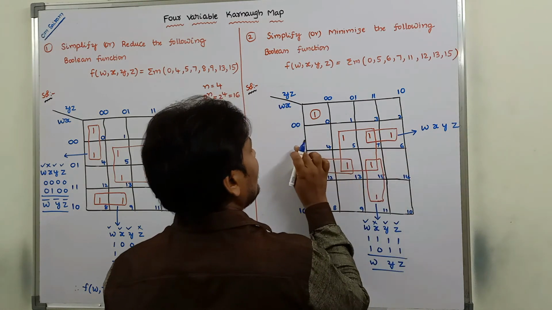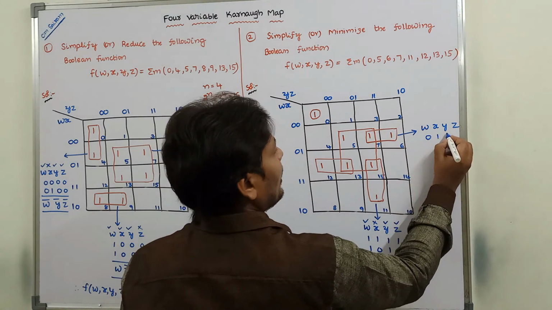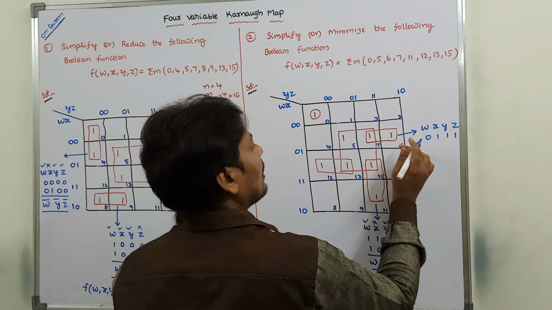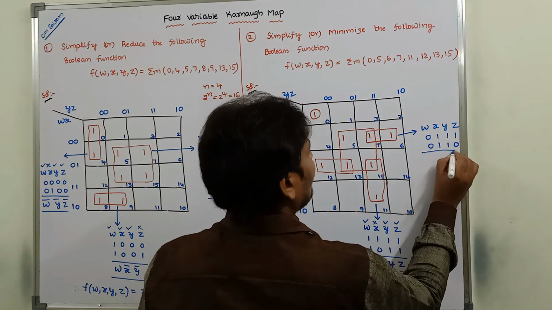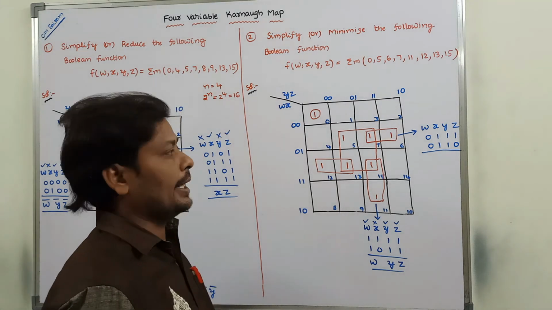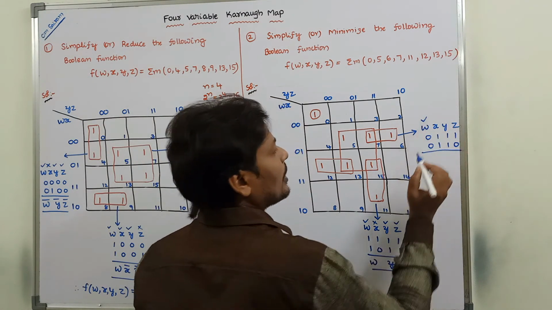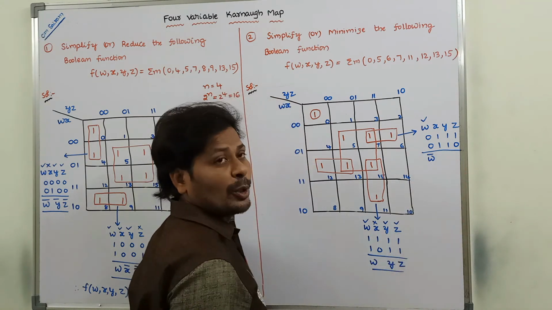For this one, row wise 0 1, column wise 1 1, so 0 1 1 1. For this one, row wise 0 1, column wise 1 0, so 0 1 1 0. What is the expression? Under the W column only zeros are there, so we consider that column; W value 0 means W bar.